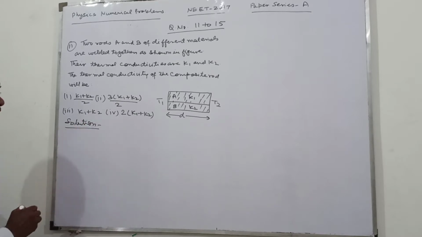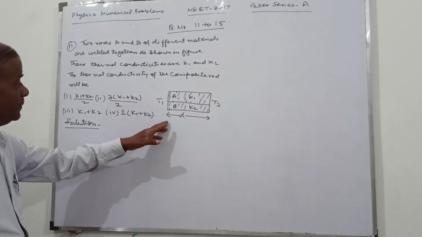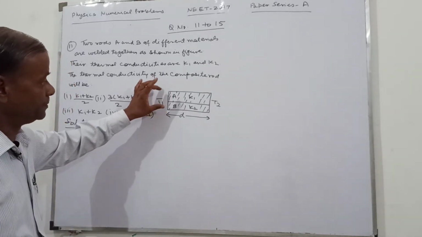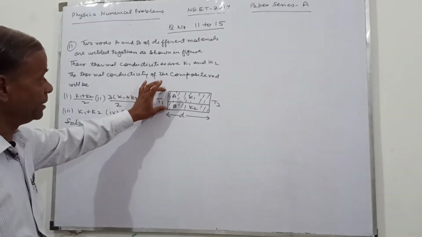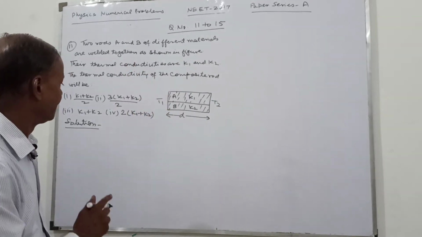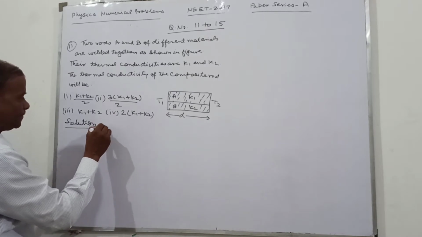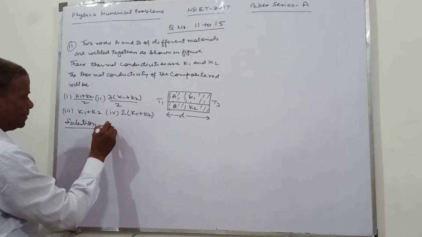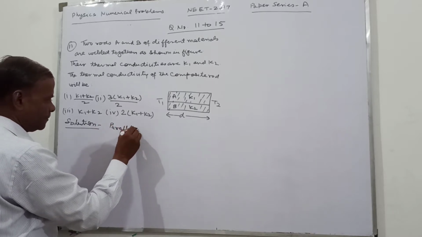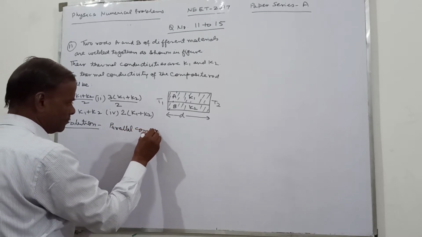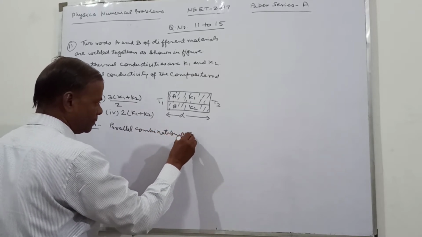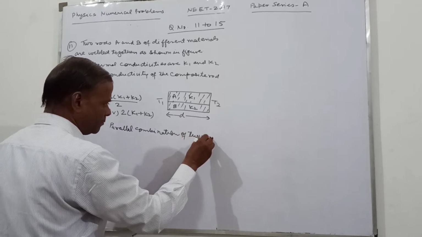Now in thermal conduction, you have studied that when two rods are joined in parallel to each other, this is the parallel combination of two rods.